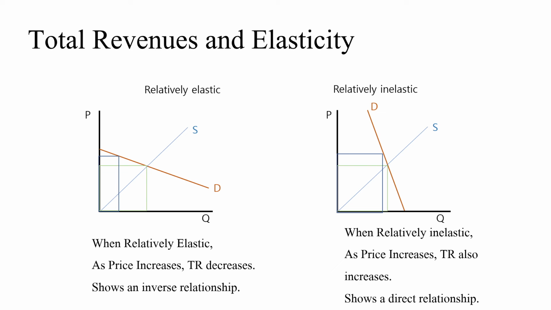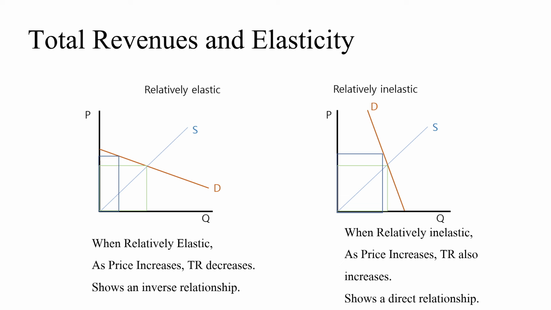As you can see, the green rectangles on both graphs show the initial total revenues, and the blue rectangles show what would happen to the total revenues if price went up. Note that I only drew the rectangles for situations when price went up, and keep in mind that the opposite would happen when price goes down.